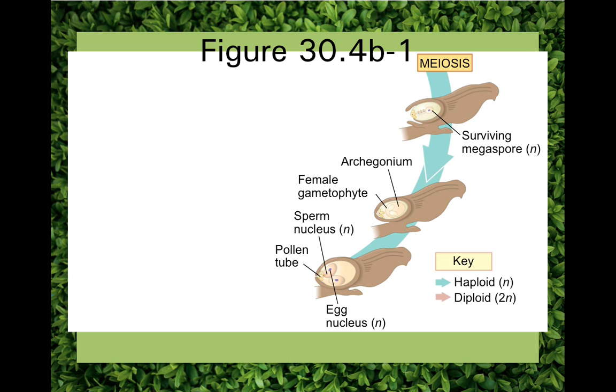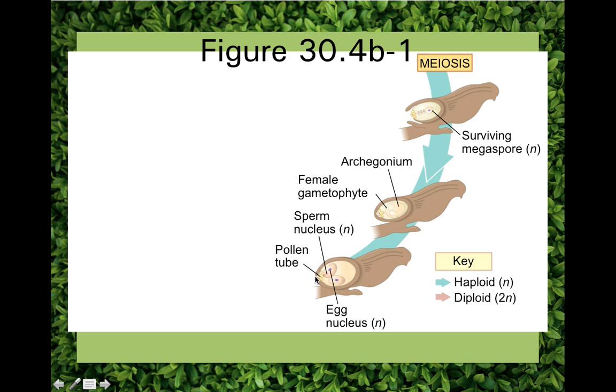The megaspore is going to divide by mitosis to form the female gametophyte, or the megagametophyte, which is going to be about a couple thousand cells in size. That female gametophyte is going to produce an archegonium just like we saw in ferns and in liverworts and in mosses, which is going to be the container for the egg.